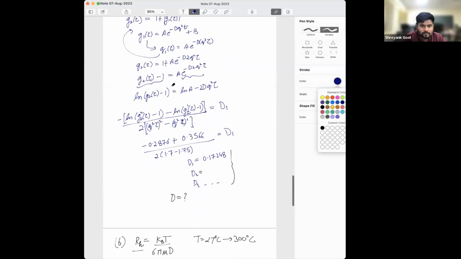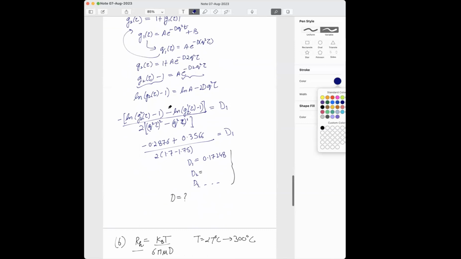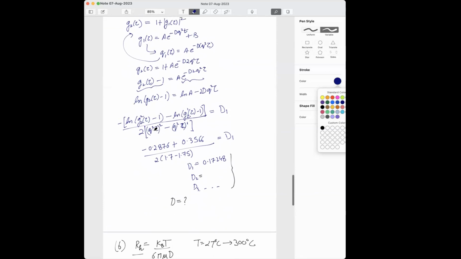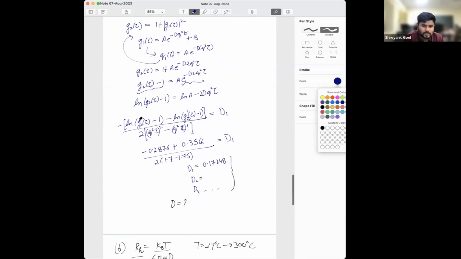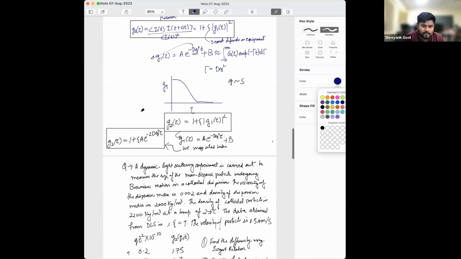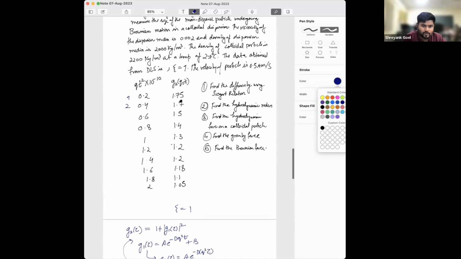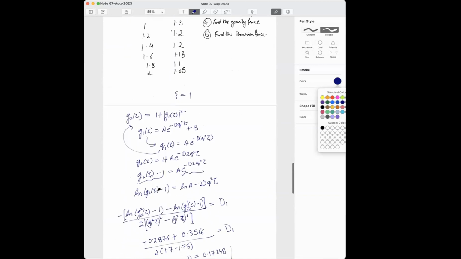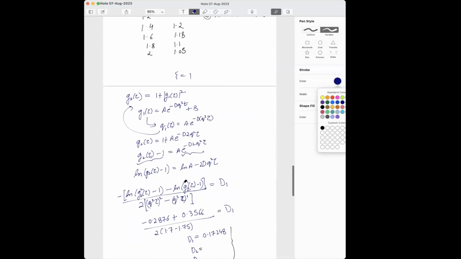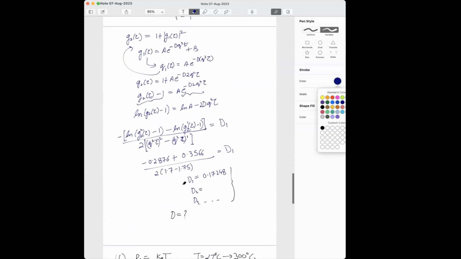Next, the denominator. What values did you substitute there, and you got this value, sir? Because I'm trying substituting, and I can't get this one. So G2 tau is the second value, that is this one, 1.7. Okay, sir. I did it mistakenly. That's why I was thinking for a long time. Okay, thank you.